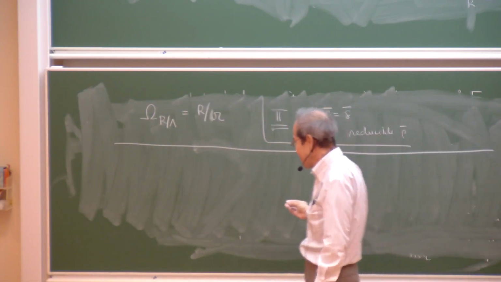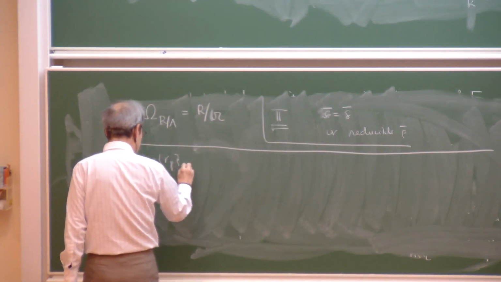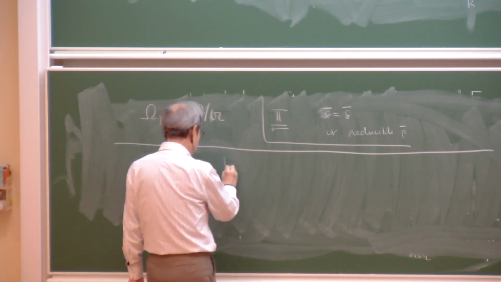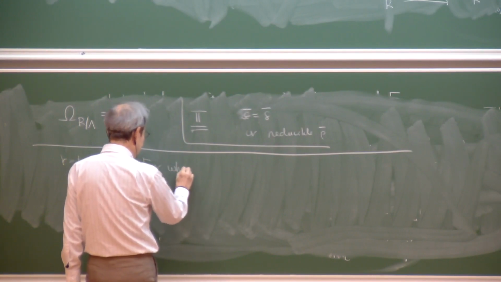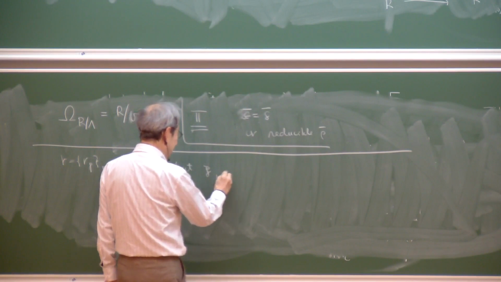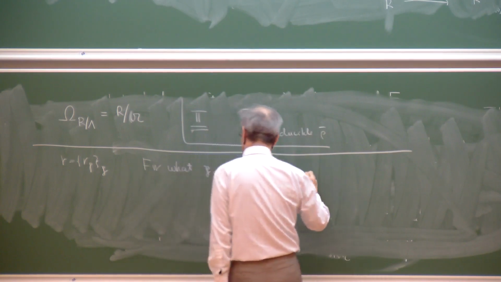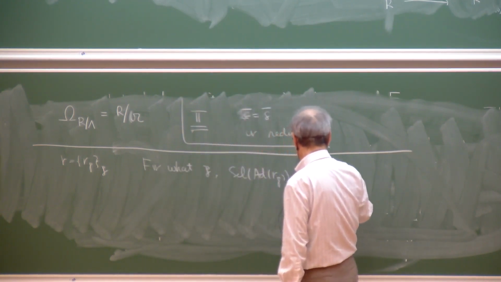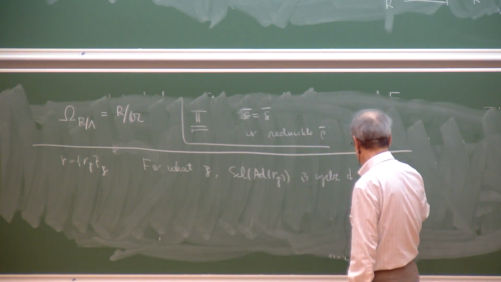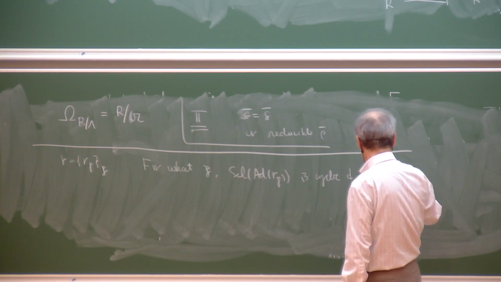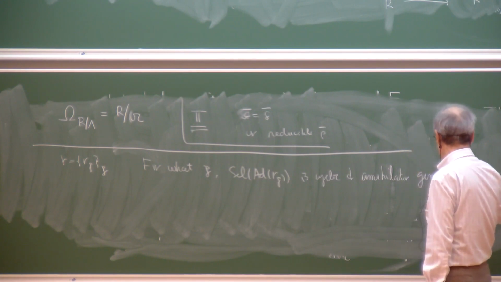I asked the question that starting from R, that is P, for what P is the Selmer group R_P cyclic, and the annihilator generated by one element.